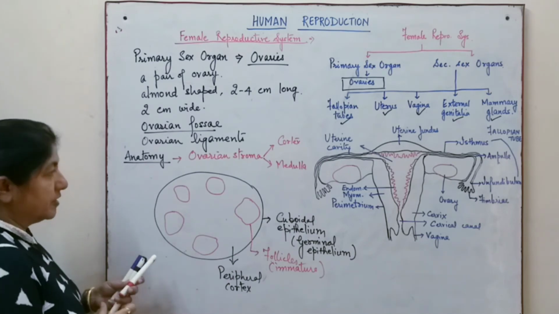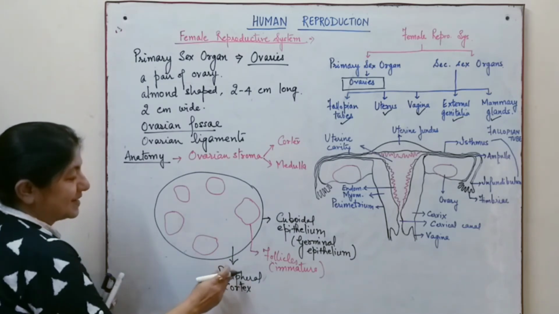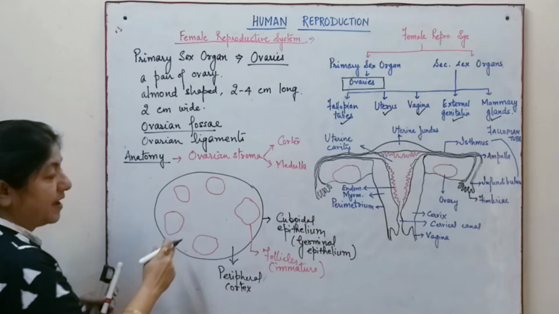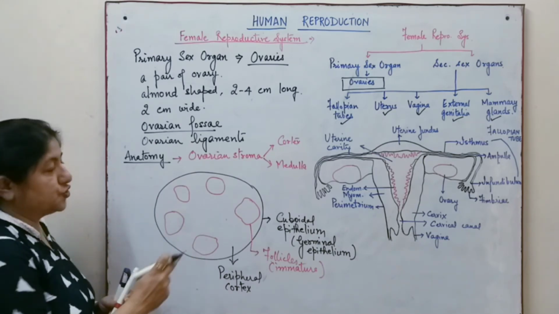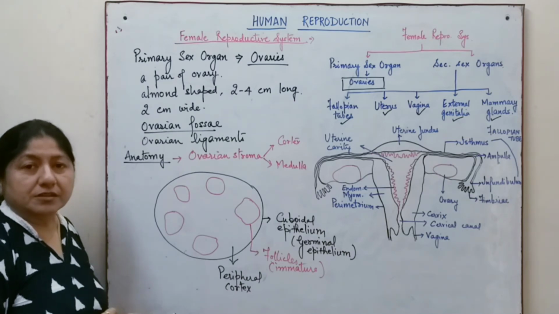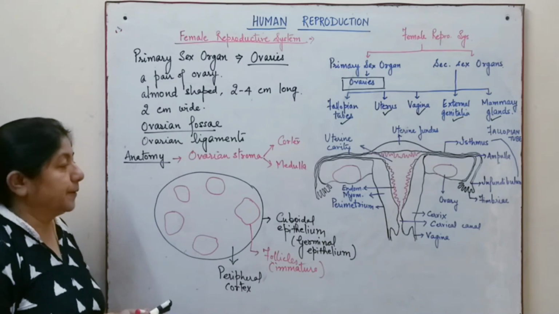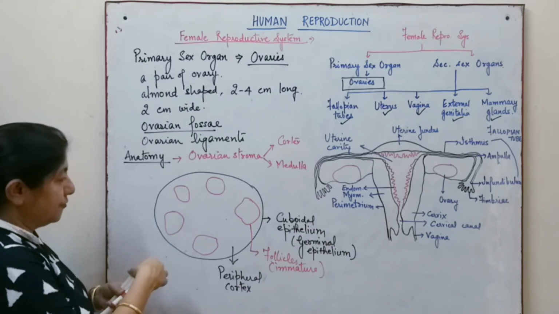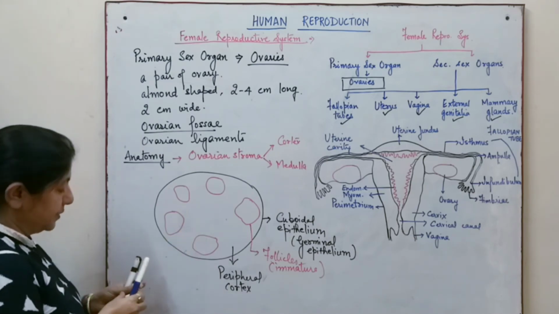It consists of follicles which are immature and which will later turn into Graafian follicles, releasing the egg. Inside of this is the medulla region.